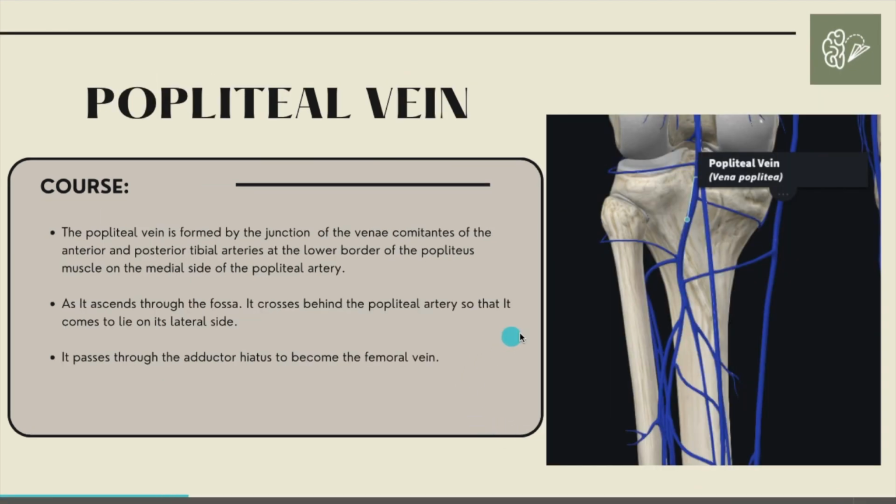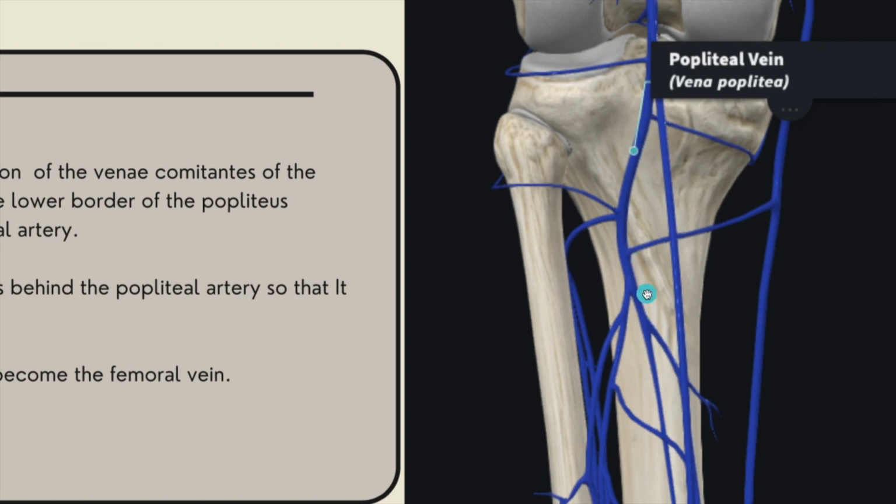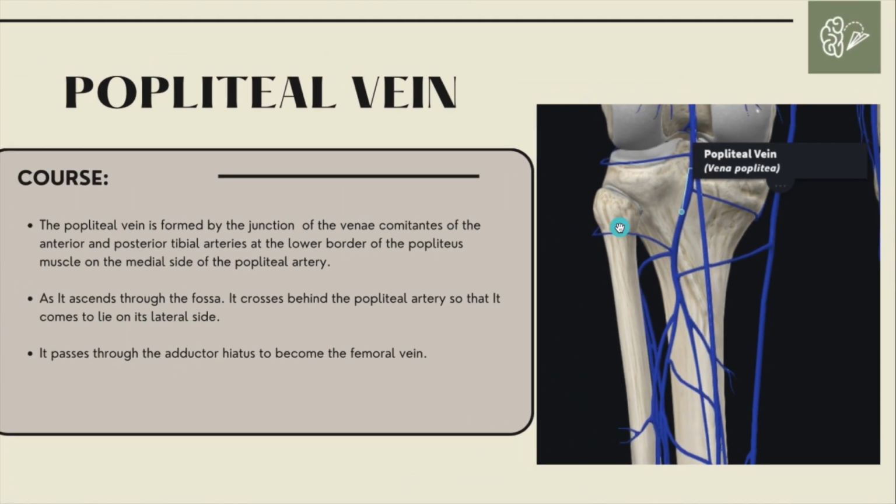Now moving on, the popliteal vein is the vein right here. I'll zoom in so you guys can see. So this is the popliteal vein. Now the popliteal vein is formed by the fusion of the anterior and posterior venae comitantes that accompany the anterior and posterior tibial arteries.